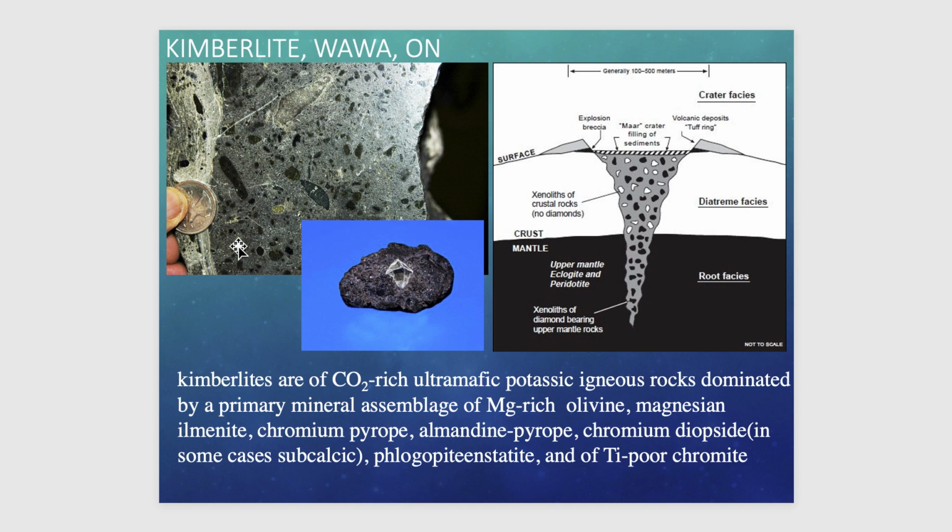Kimberlites usually form at significant depth, and so we are sourcing material directly from the mantle, and usually we are under a continental setting. So in intracratonic settings, often you form these kimberlite pipes that are quite narrow, on the order of a few hundred meters, so between 100 and 500 meters.